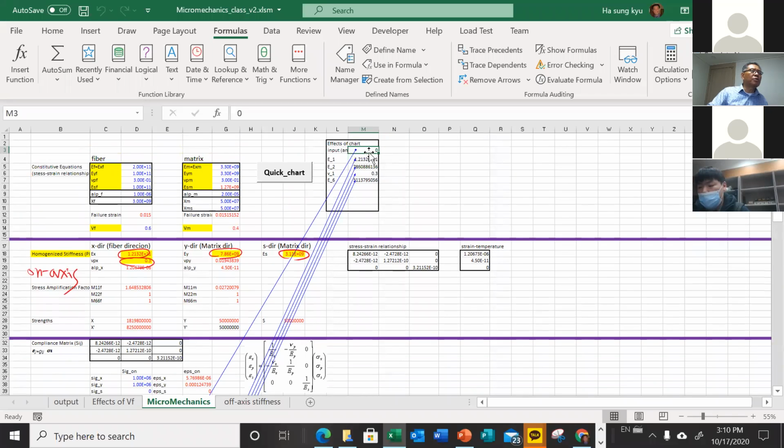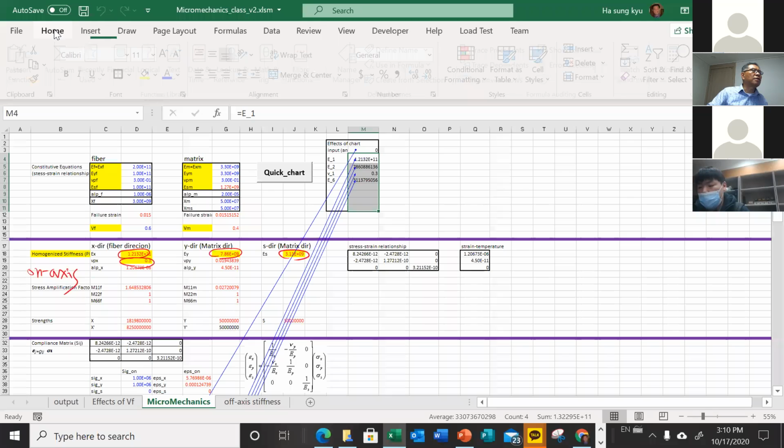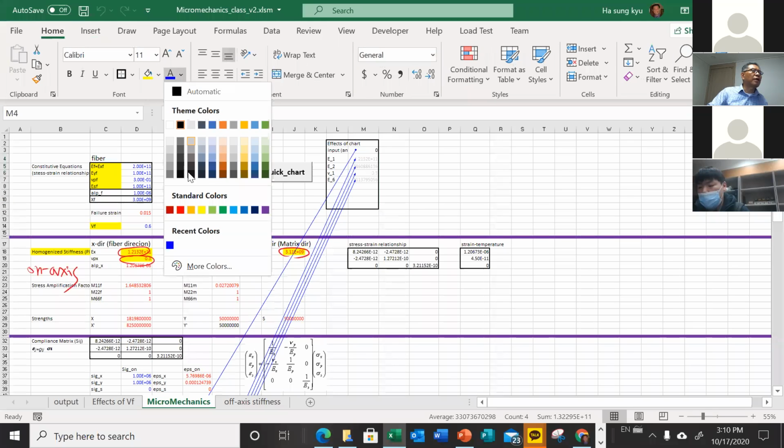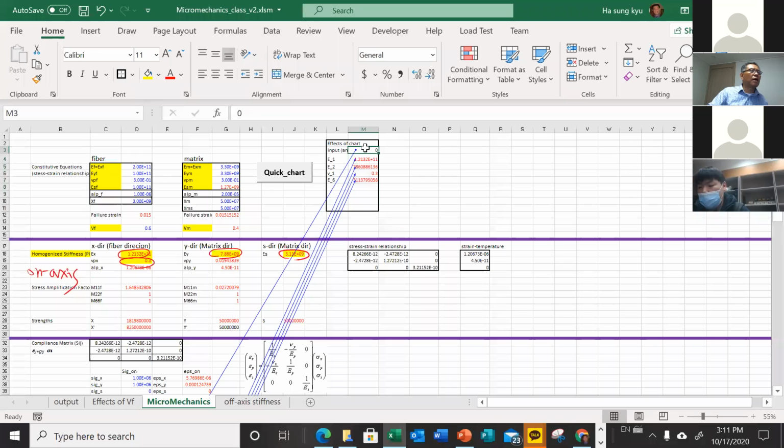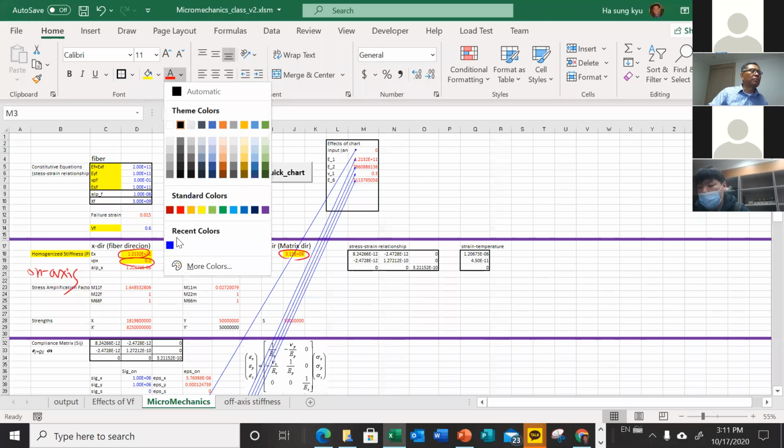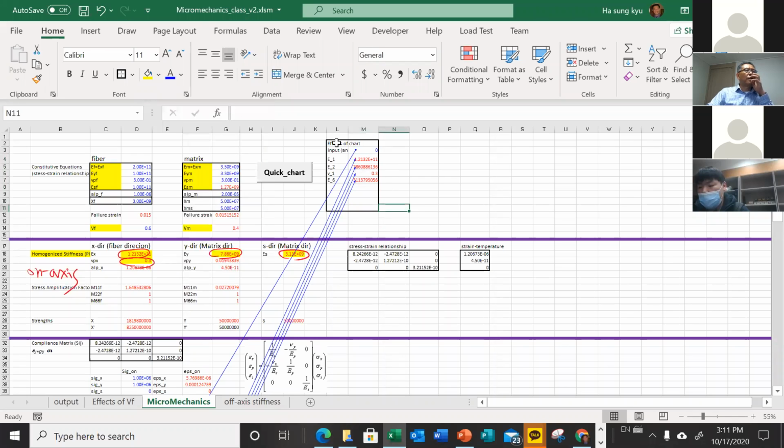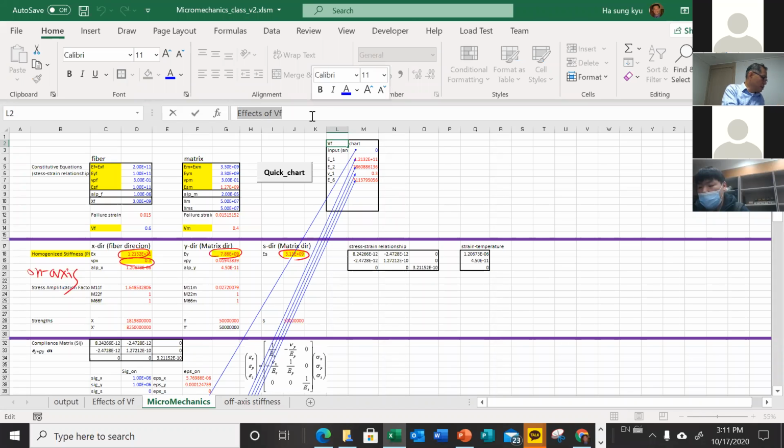So basically this will be the input, and all the way through the theory we just learned, the output will be these terms. Okay, so I will change the output to red, and the input to blue.